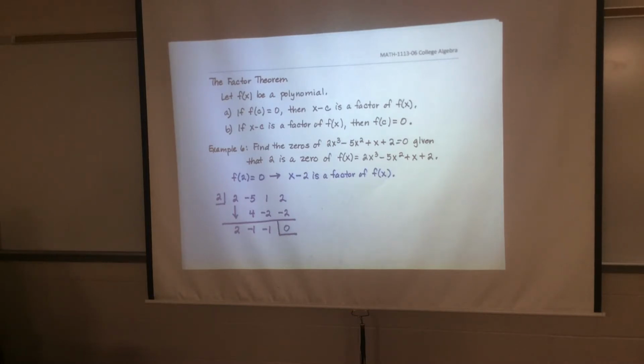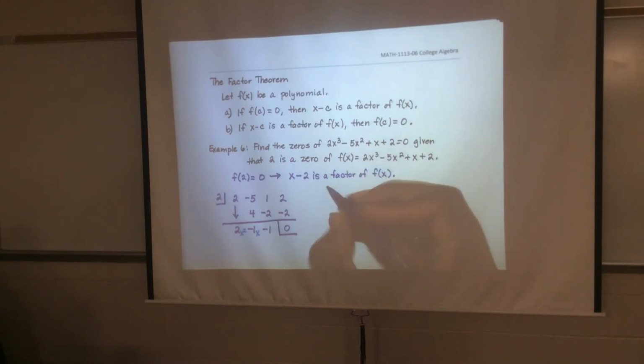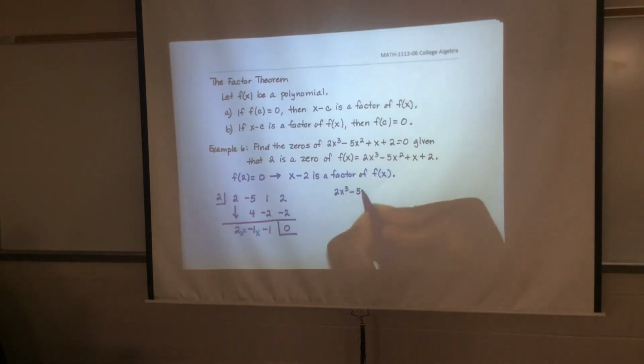Now, the other factor is going to come from this quotient right here. Since the 0 is a remainder, this -1 has to be the constant term. And then the -1 in front will be the coefficient of x. This 2 in front will be the coefficient of x squared. Okay? Now, I'm going to rewrite this equation here. 2x cubed minus 5x squared plus x plus 2 equal to 0.